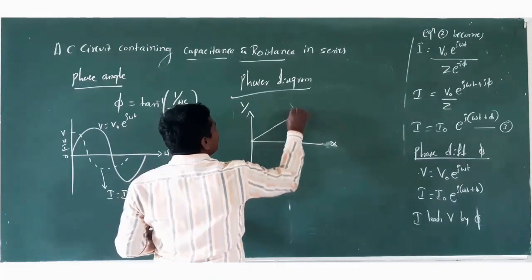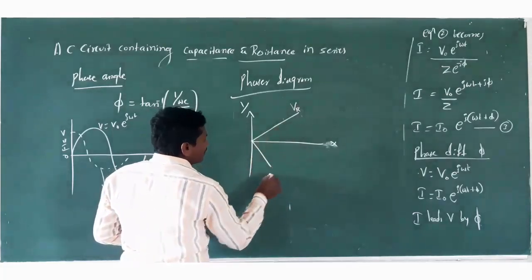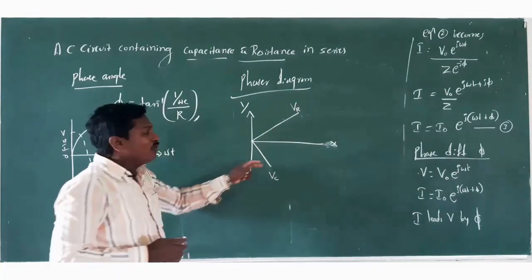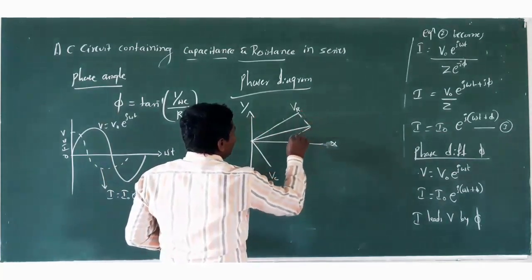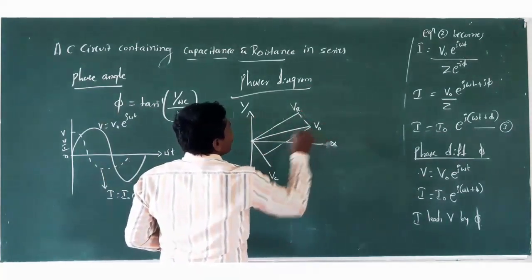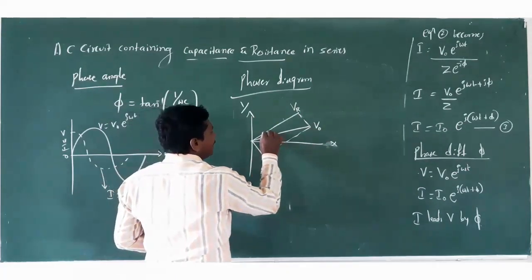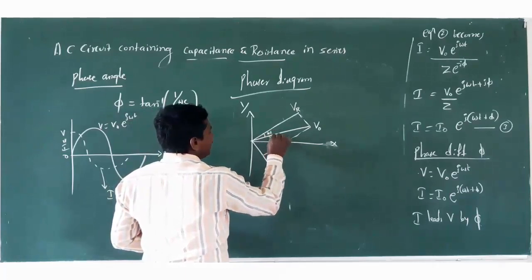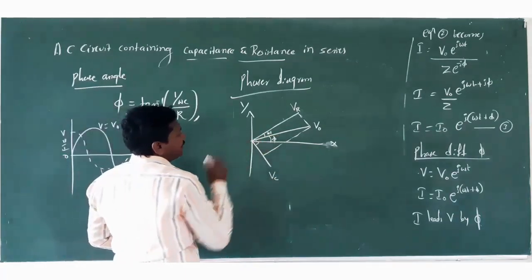So here this represents the voltage across a resistor, and this one represents the voltage across a capacitor, and the resultant voltage of these two gives the peak value of the voltage, that is V naught. Let us consider this angle omega t, and this represents the angle phi, the phase angle. So here it is 90 degrees.